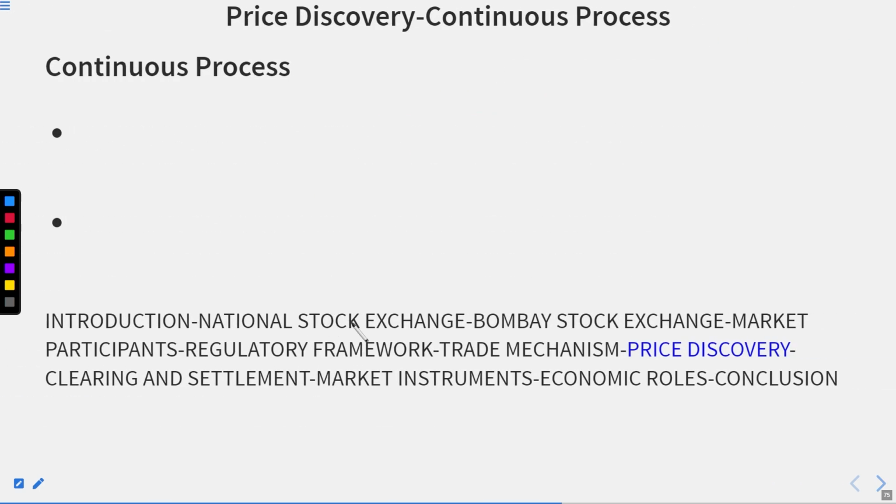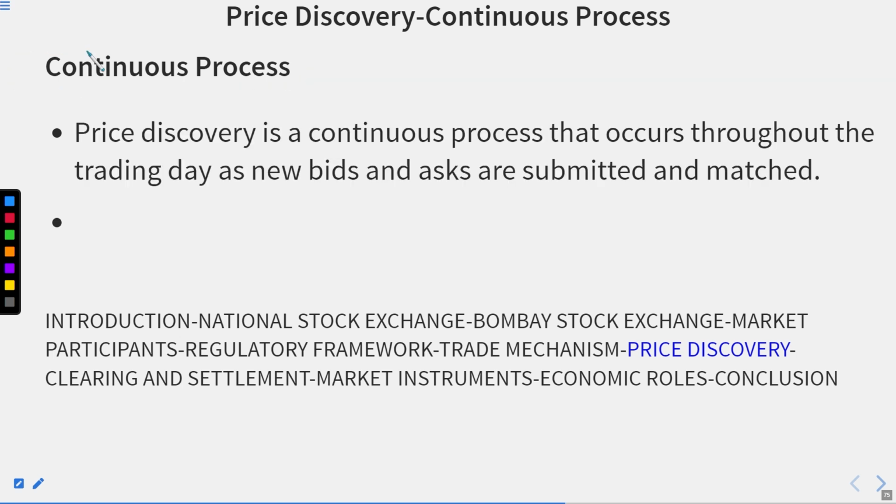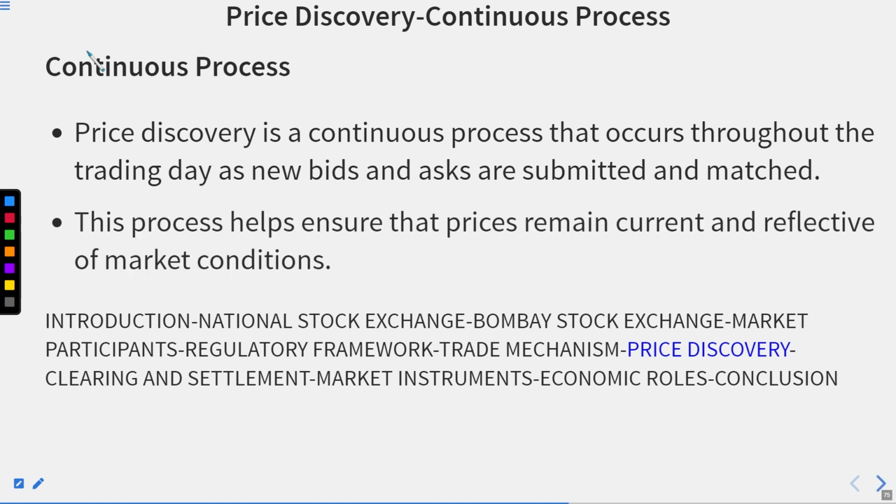Thereafter, the continuous process. Why is it regarded as a continuous process? Price discovery is a continuous process that occurs throughout the trading day as new bids and asks are submitted and matched. This process helps ensure that the price remains current and reflective of market conditions. Because it is a continuous process, it is a dynamic process.